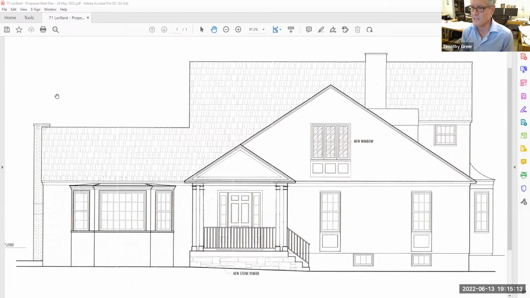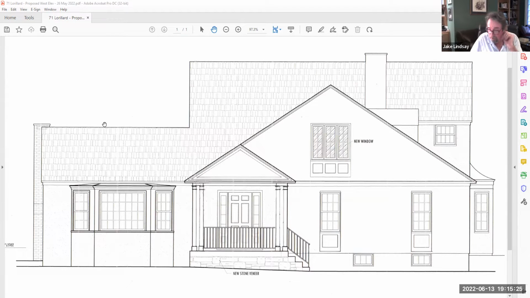This is how it will look. I'm actually surprised that the prior owner didn't do this before, to be perfectly honest. As far as our discussion, I'll speak for myself.